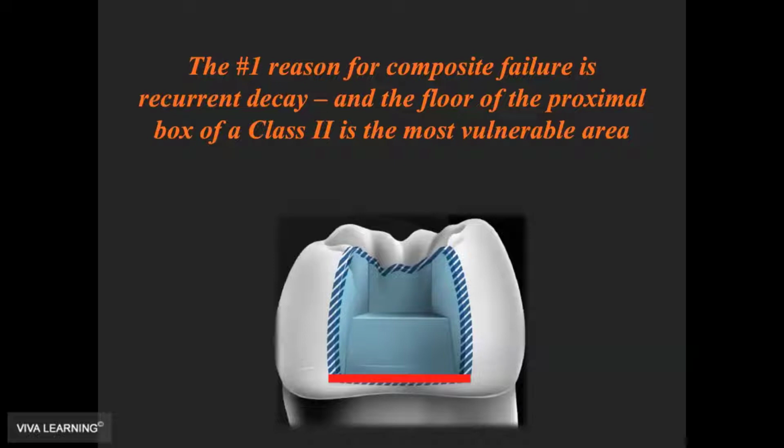Absolutely. Making sure that the gingival floor is properly matrixed, wedged, and sealed is key step number one. Number two is making sure that you place the composite and get enough light energy down into that deep hole, because not all lights cure the same way.